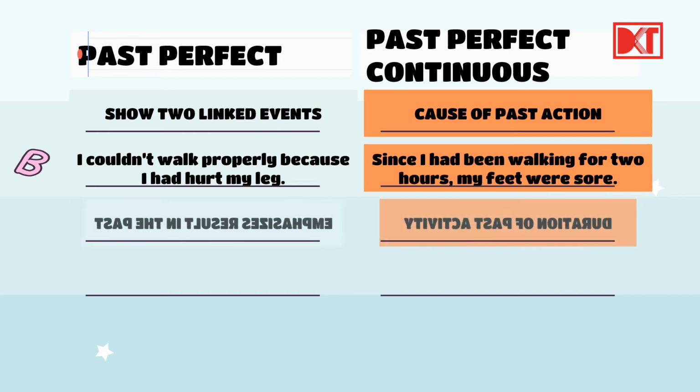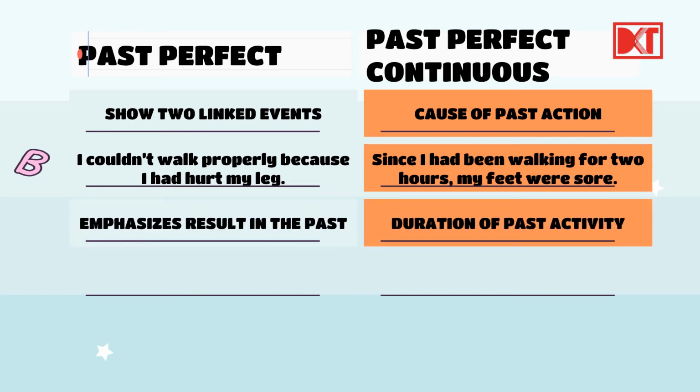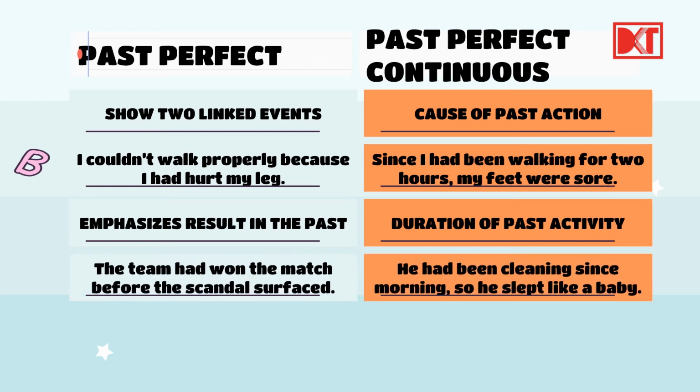Here we have a few more uses of past perfect and past perfect continuous to tell you the differences. Past perfect shows you two linked events. For example, I couldn't walk properly because I had hurt my leg. It is linking these two events, and which action happened first here?